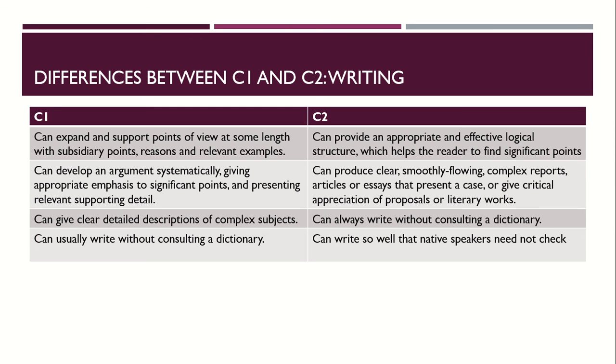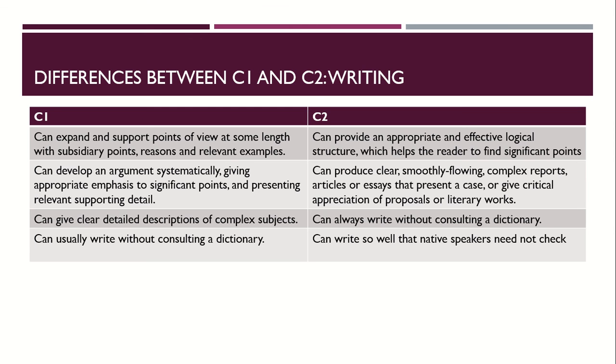So we can find it on exams like CAE, for example, when we have to write an informal letter or a formal letter or a review about a restaurant, etc. Finally, we can say that C1 and C2 are very similar. Which are the differences? Well, C1 is a little bit lower, as we said, but we have some details.